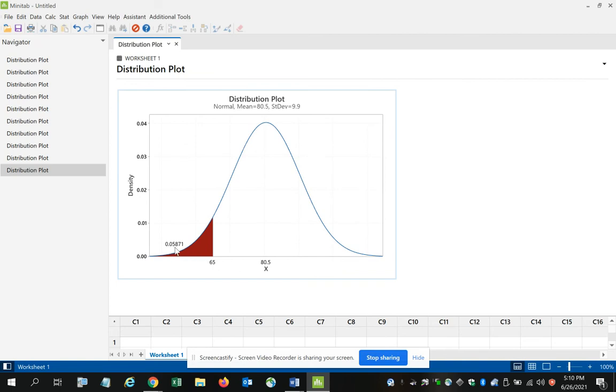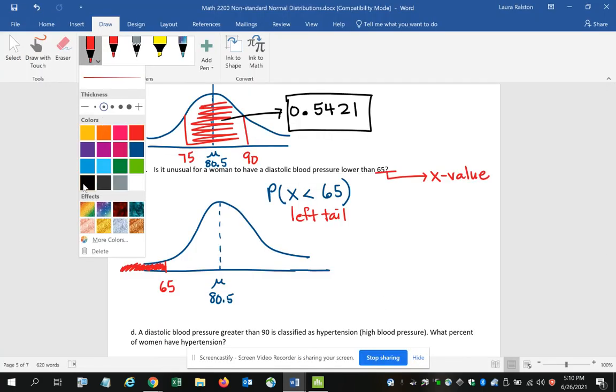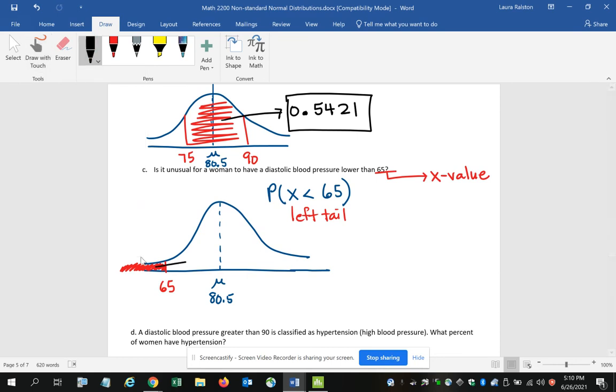And I get 0.05871. Okay, so this red shaded region is 0.05871. So you're looking at about 6% of women would have a diastolic blood pressure lower than 65. I would say that's unusual because 6% is reasonably close to zero.